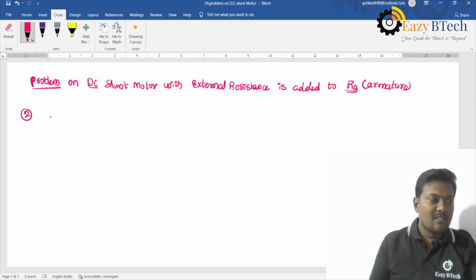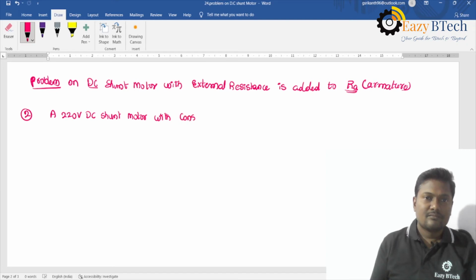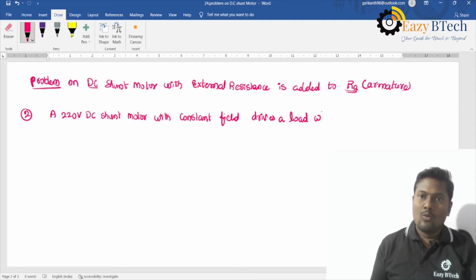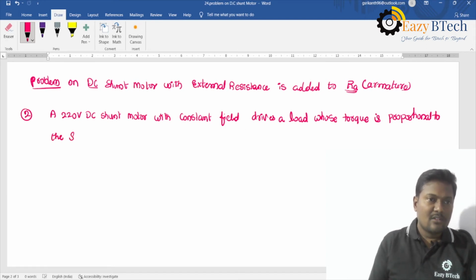The second problem is: a 220 volts DC shunt motor with constant field drives a load whose torque is proportional to speed.